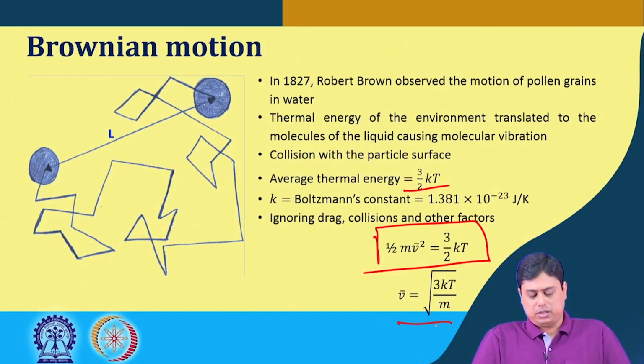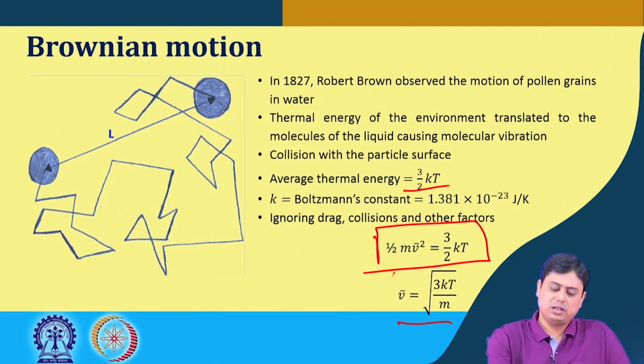Now, from this expression we can understand that with changing temperature this velocity will be influenced, or if we increase the temperature the velocity will increase, the Brownian motion will be more rapid or random. If we decrease the mass of the particle, the velocity will be higher.